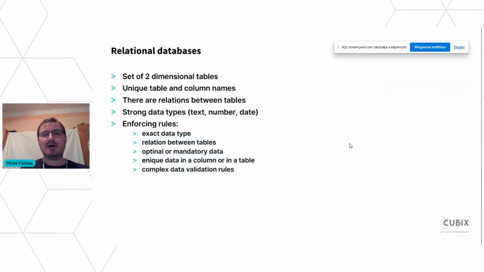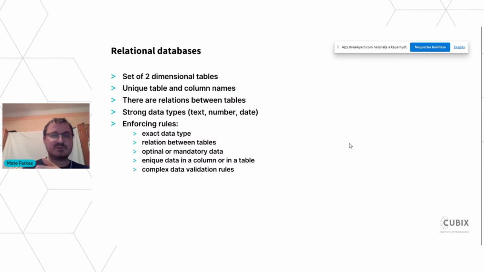But what are the other properties and services of databases? For example, in relational databases, there are two-dimensional tables like in Excel. But in Excel, we don't have unique column names. Actually, there are no column names at all in Excel. We just put some names in the first row, but it's just the first row of the table, not the column header. So in relational databases, there are well-defined table structures with unique table names and unique column names.